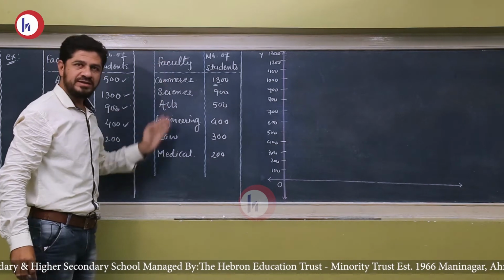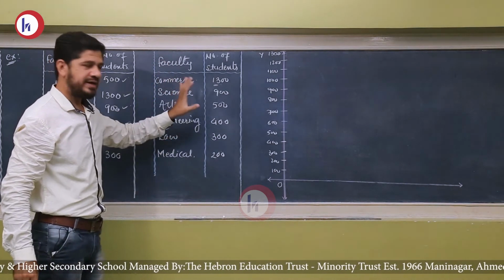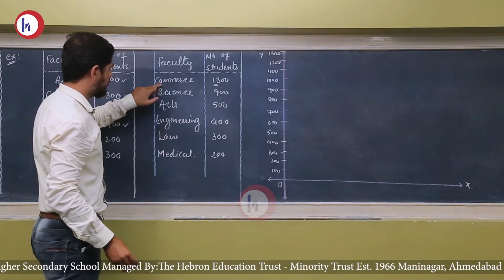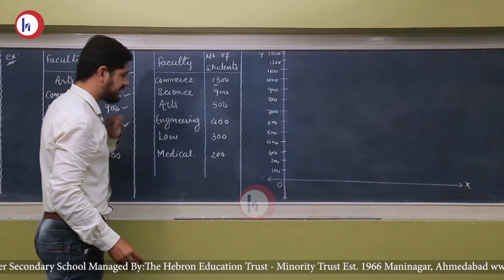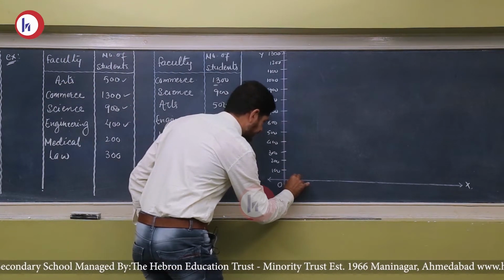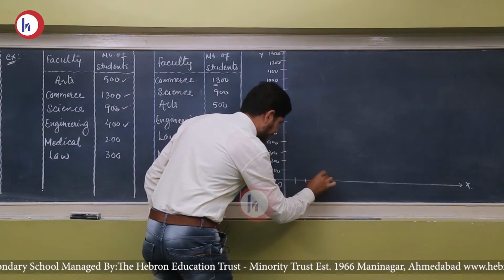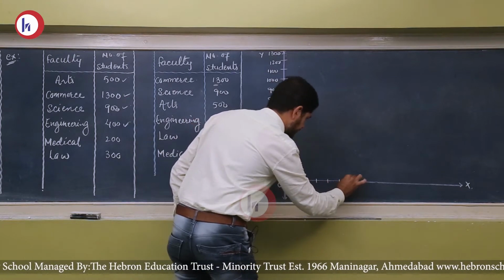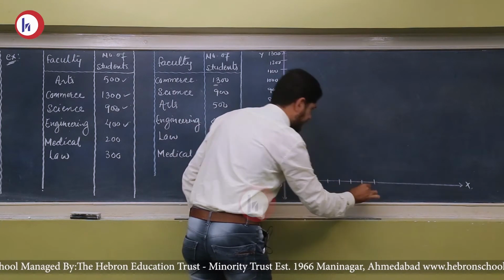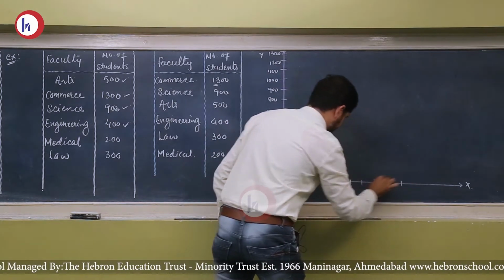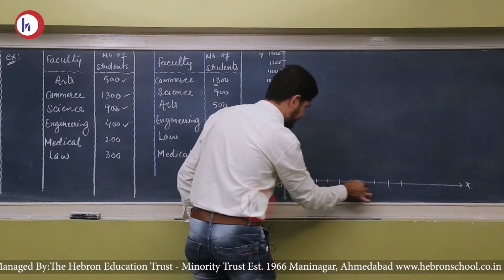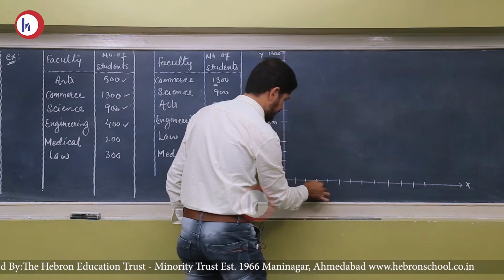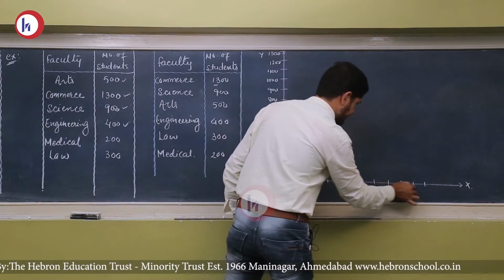Now the faculties will be represented on the x-axis. On the x-axis, we have commerce 1, 2, 3, 4, 5 and 6.